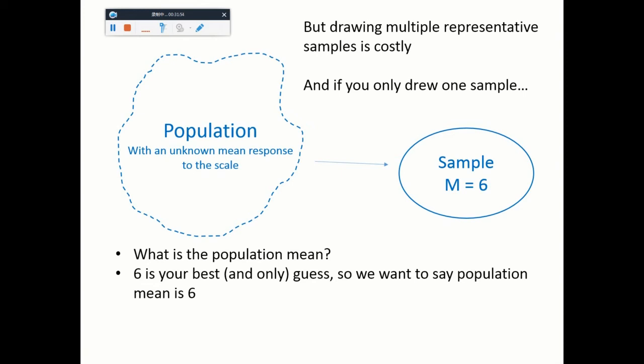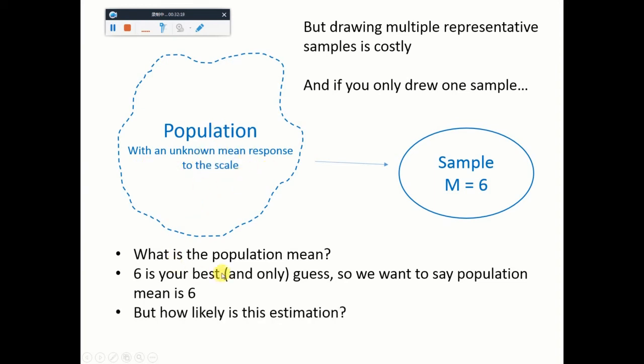But we do know that the chance of the population mean being exactly 6, I wouldn't say it's impossible, but it's not very likely. Because we know there will be fluctuations, because we're only looking at a subset of the individuals from the population.